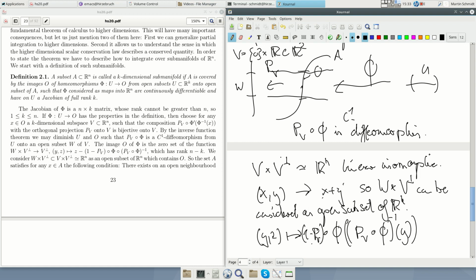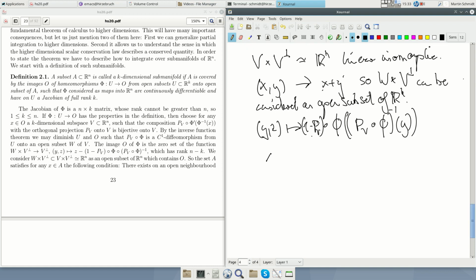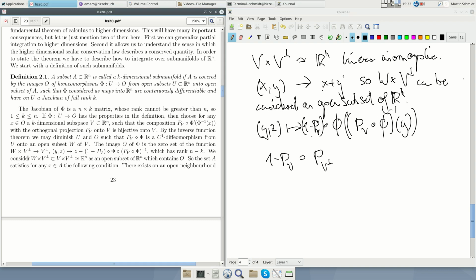To get the decomposition in y perp, we just use 1 minus P_W, and 1 minus P_V is of course P_V perp, the projection on the orthogonal complement.